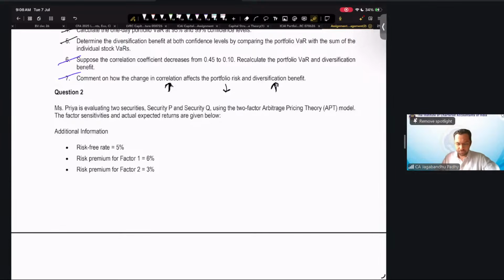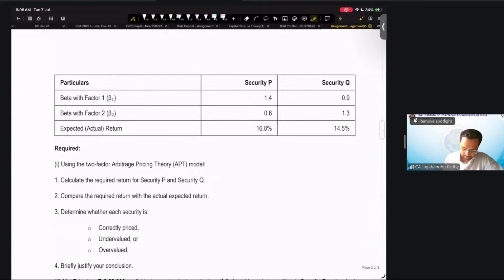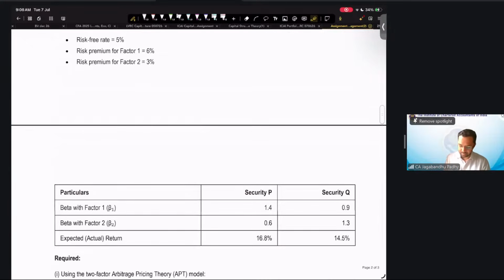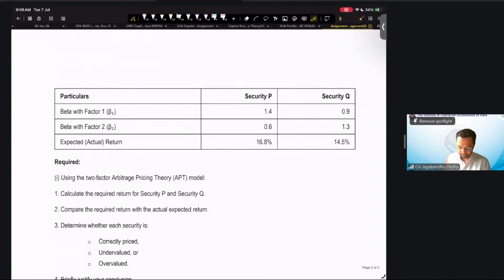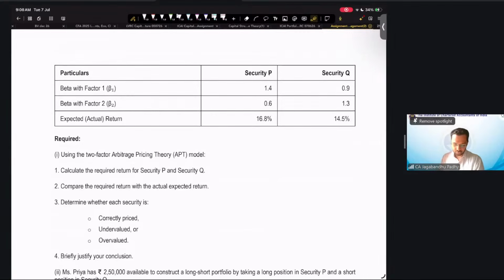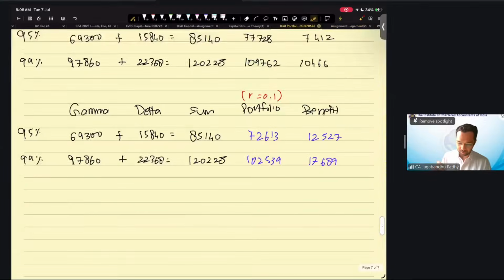Now, with this data, the first thing that we need to get is the required return for security P and security Q. The required return will be, of course, risk-free plus beta into factor 1 premium plus second beta into factor 2 premium, and the same way it applies for security Q. Okay, so let us go ahead with the calculation.